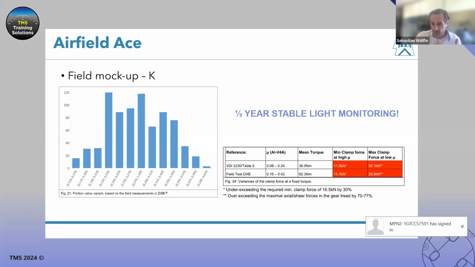So that is not good. On the other hand, it's 28 kilonewton, which is too high for the screw itself.